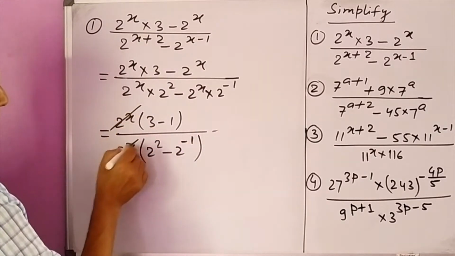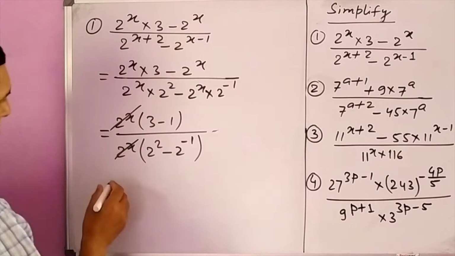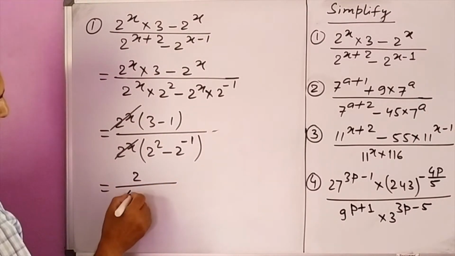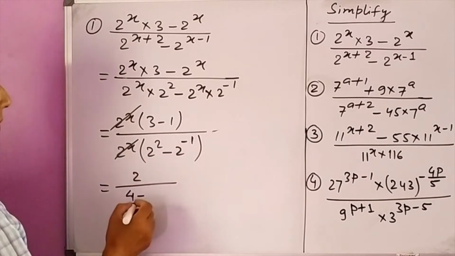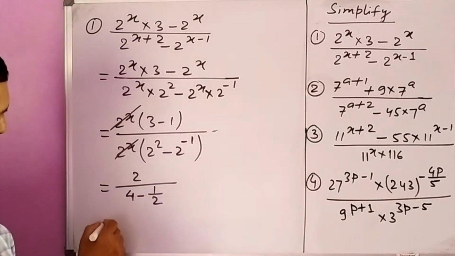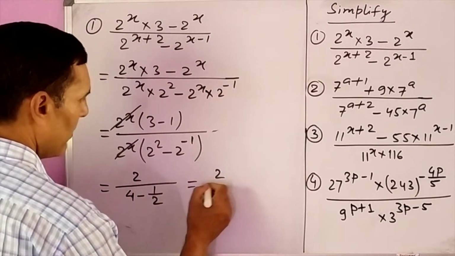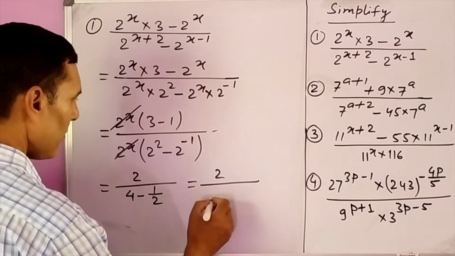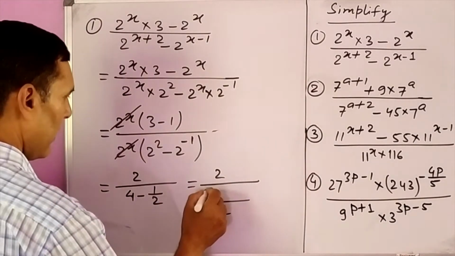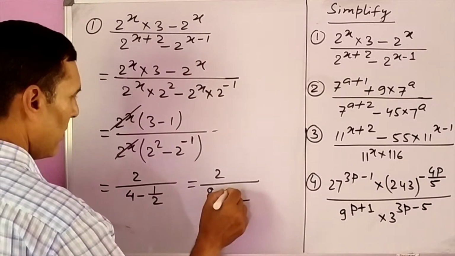This 2 to the power x and 2 to the power x cancel. It is 2 upon 4 minus 2 to the power minus 1, which is 1 upon 2. So you can take the LCM in the denominator: 2 upon, taking LCM 2, 4 times 2 is 8, minus 1.